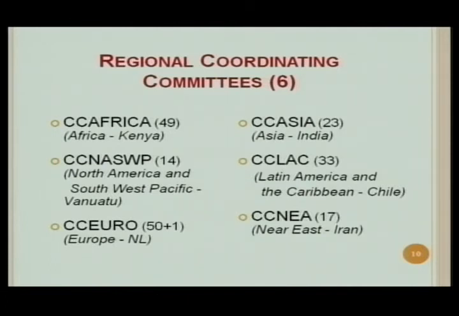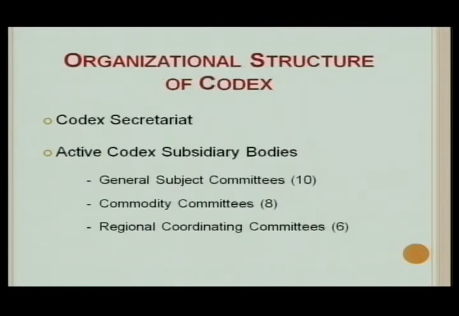The Codex Coordinating Committee for Latin America and Caribbean countries is chaired by Chile, and for the Near East it is Iran which is chairing it. So there are 10 general subject committees, 8 commodity committees and 6 regional committees, and different countries are chairing and hosting them also. All the expenses are incurred by them.